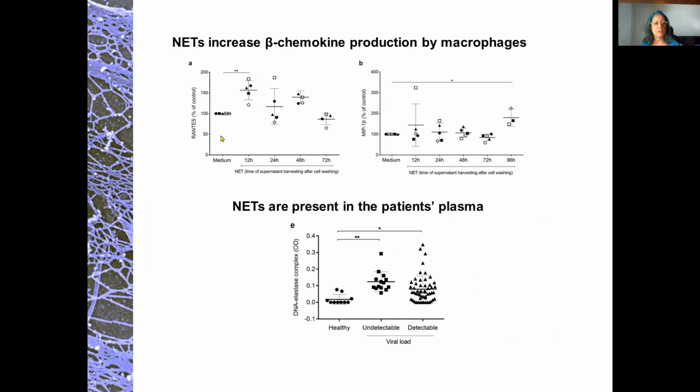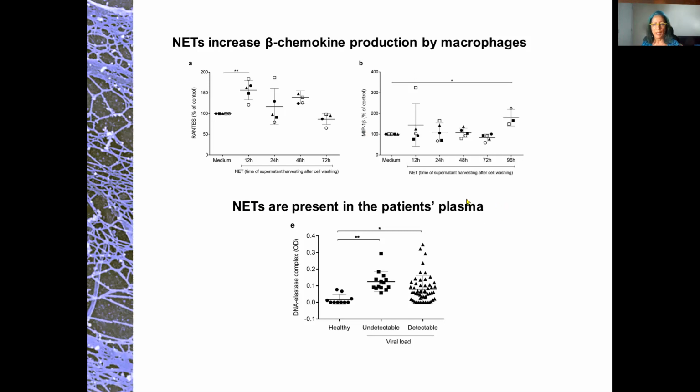Also, they show in this work that the macrophages treated with these NETs produce RANTES and MIP-1 beta, and these two chemokines are important to inhibit HIV-1 infection.